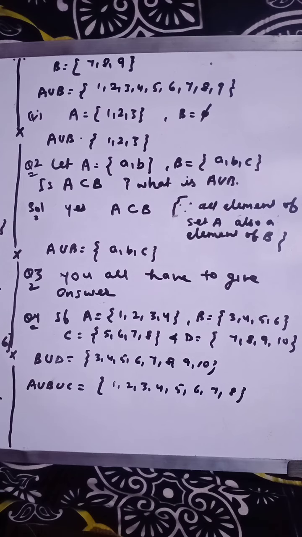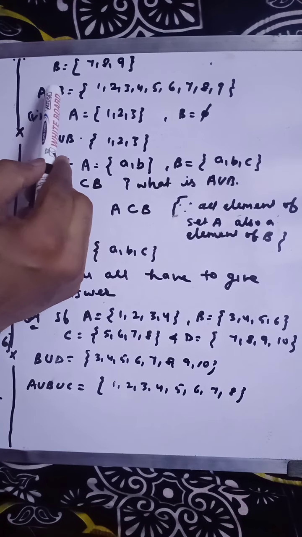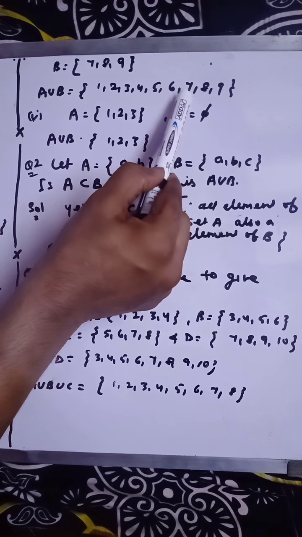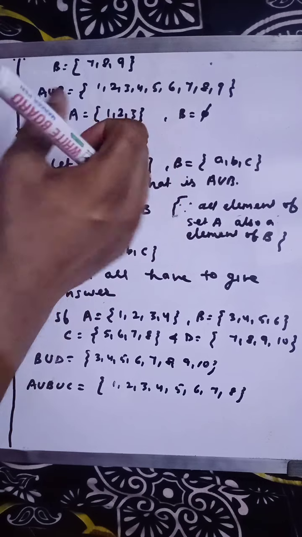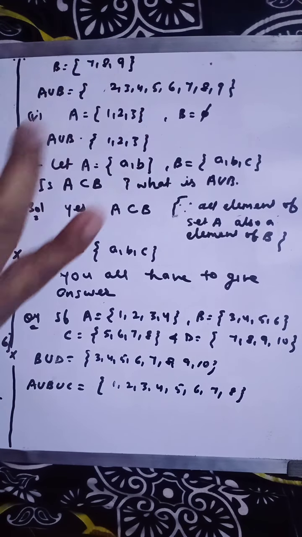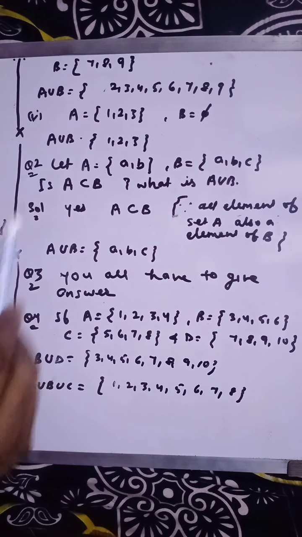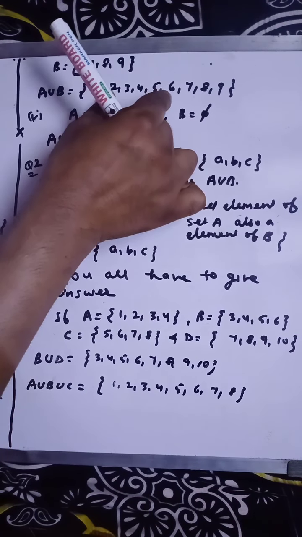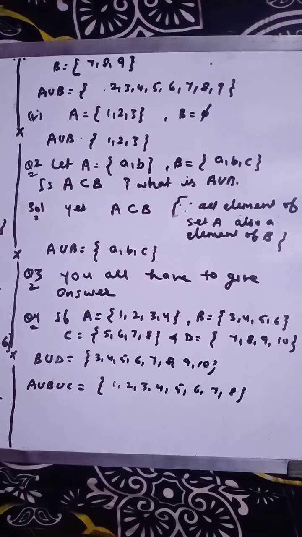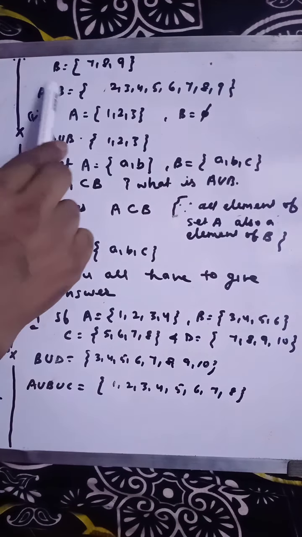You can see the value of set A by reversing the video. So this will be the A union B. Because it is 1 to 6, 1 is not included here, sorry. 2, 3, 4, 5, 6 are the elements of A. And 7, 8, 9 are the elements of B. So this is your A union B.